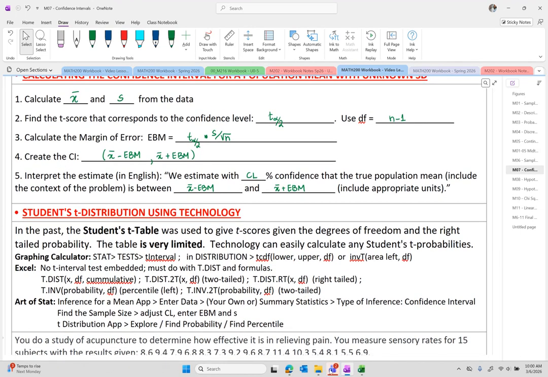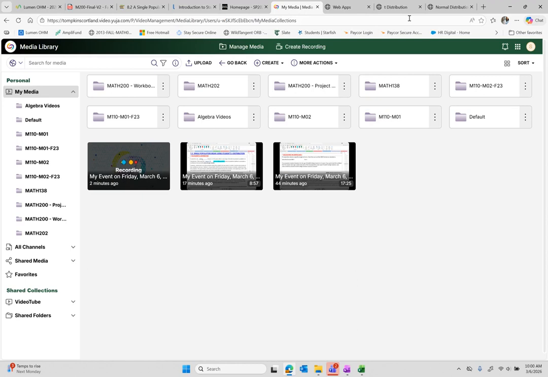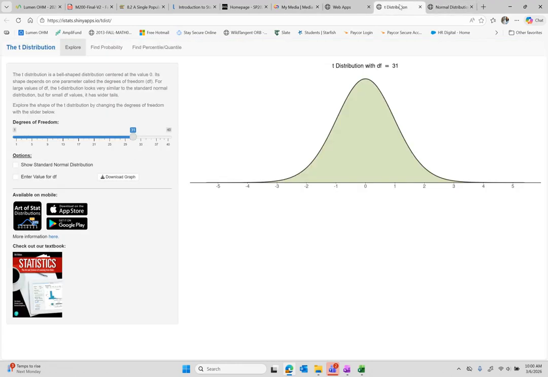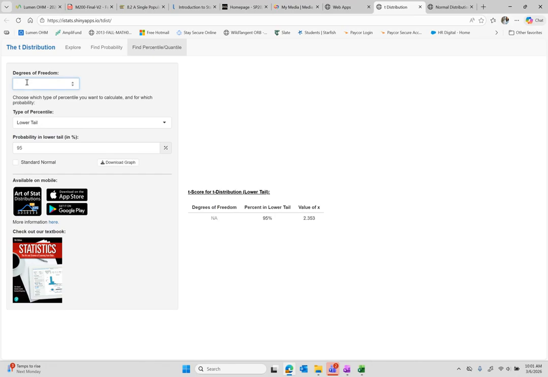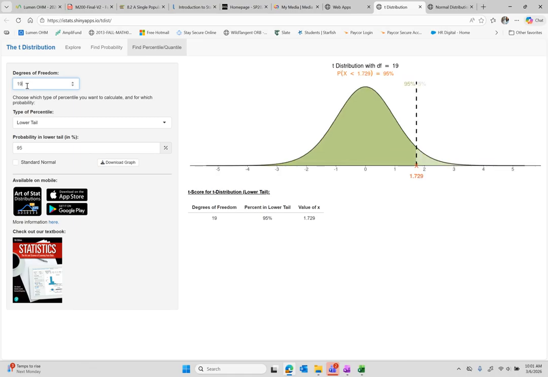So we have different options, obviously, as we said. One option is to use the student's t-distribution to find percentile quantiles. So if we know the degrees of freedom, let's say we have a sample size of 20, so our degrees of freedom are 19, and we want the upper tail to be alpha halves.